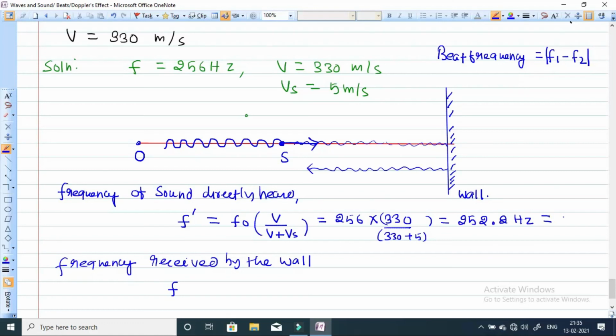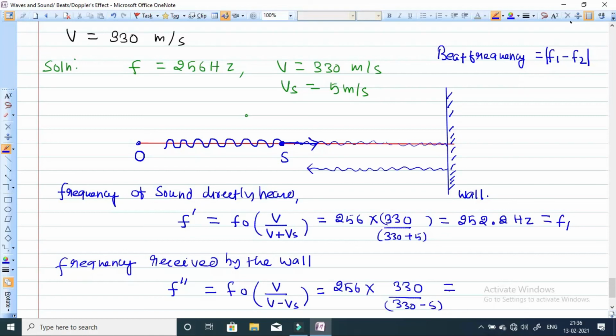Suppose I am writing this frequency as f double dash, and it will be equal to f naught. Since if the wall is taken as observer, the source is moving towards it, this will become v divided by v minus vs. So f naught is 256 multiplied by 330 divided by 330 minus 5.